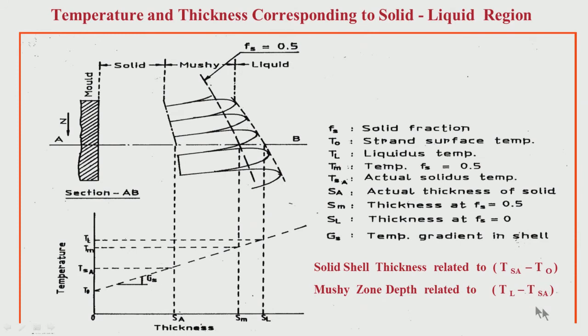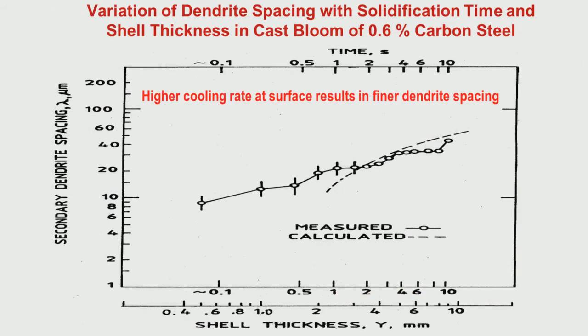That means how solidification takes place also influences the level of segregation. So, that will also influence the level of change in actual solidus, and the depth of the marshy zone. The marshy zone will be increased or decreased, the solid shell will be increased or decreased, depending on that. So, these are very important issues to remember.